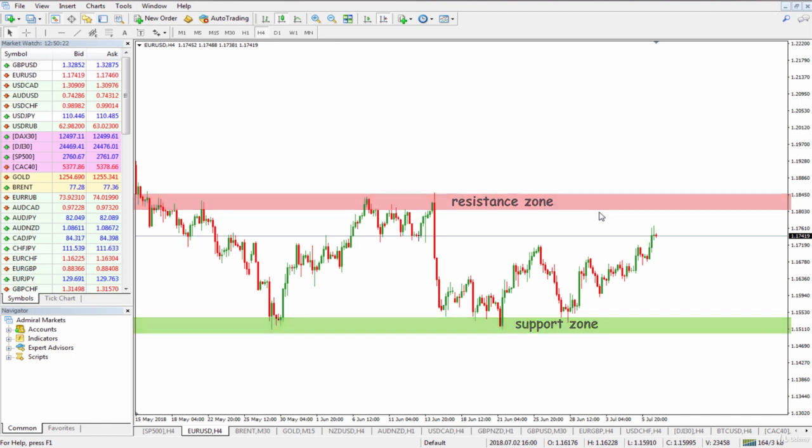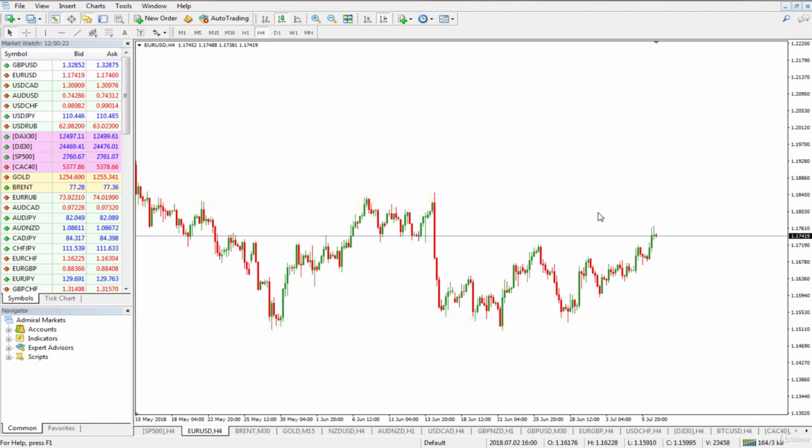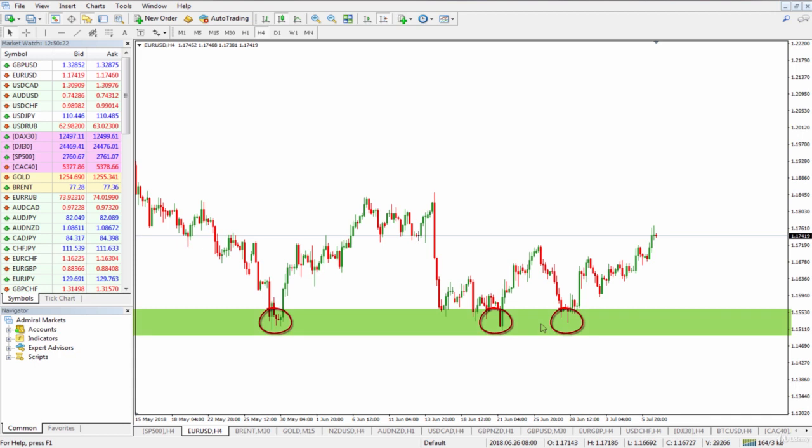Okay, let's continue. Traders often use the previous lows and highs to determine support and resistance. For example, when we notice that the price often bounces from approximately the same level, then we can mark that zone and say that is a support zone, in this case because the zone is below the current price.